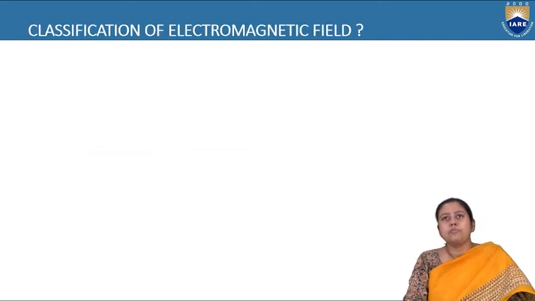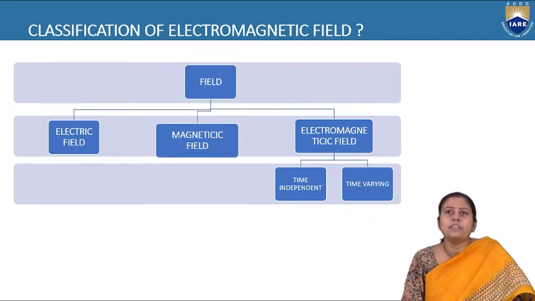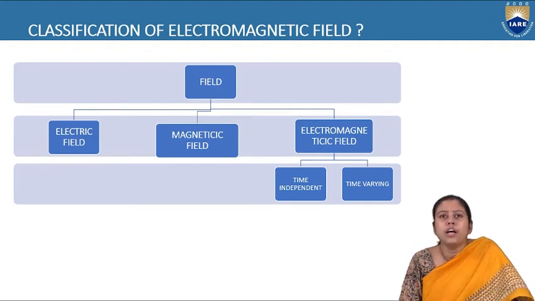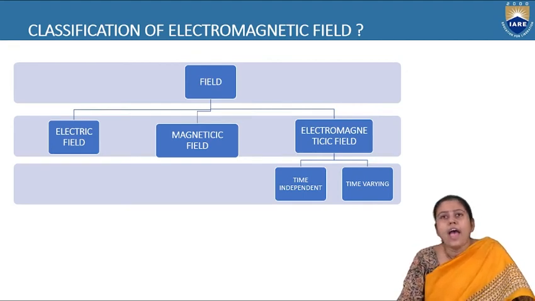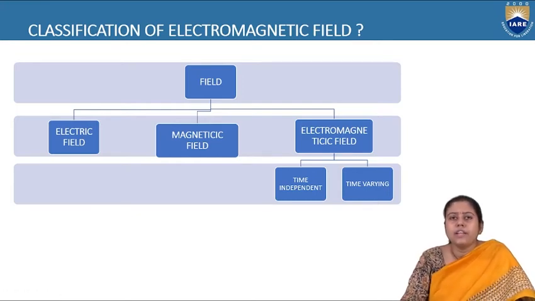So what are the types of electromagnetic field? Electromagnetic field is basically of three types. One is the electric field, which is due to the electric charge. Another one is the magnetic field. What is the meaning of magnetic field? If we keep one permanent magnet, we can experience some force.